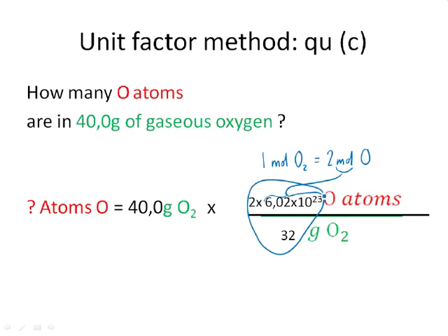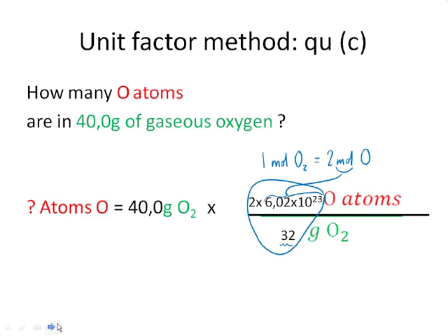In other words, 2 times 6,02 times 10 to the power 23. 2 moles of O has a mass of 2 times O's molar mass, 2 times 16. 2 times 16 is 32.